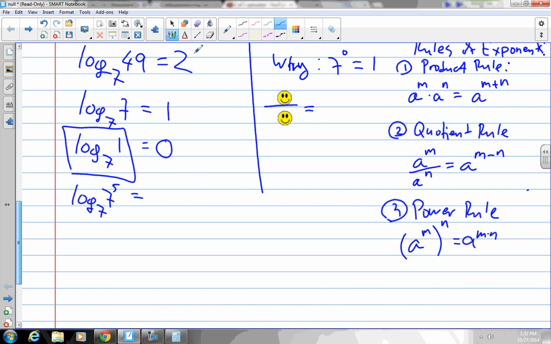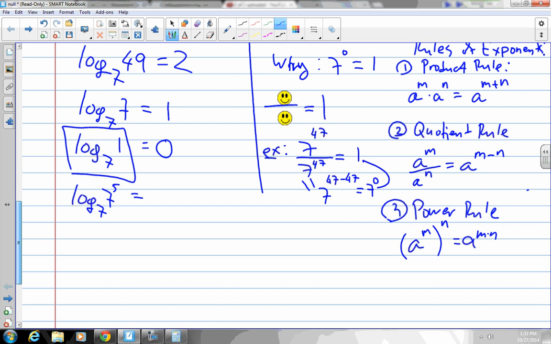1. Okay. So, for example, what is your favorite number? 7. Well, pick anything else. 47. Let's say I have 7 to the power 47 divided by 7 to the power 47. Do you agree that equals 1? Yes. But the rule tells me if I'm dividing, I have to subtract exponents, right? And 47 minus 47 is 0.